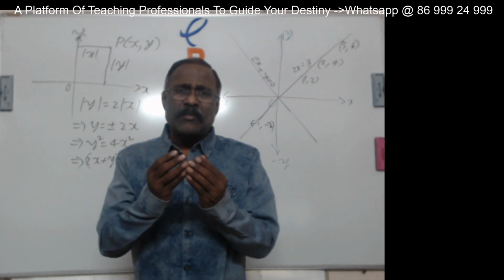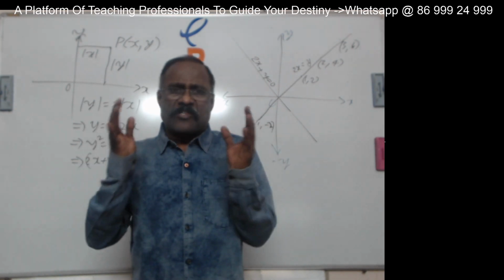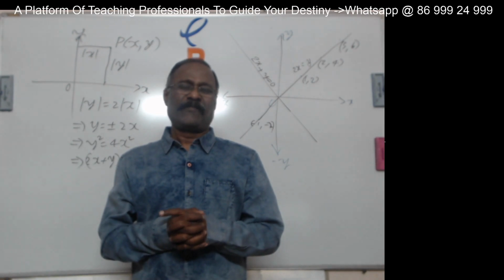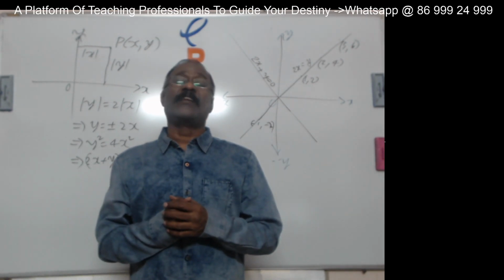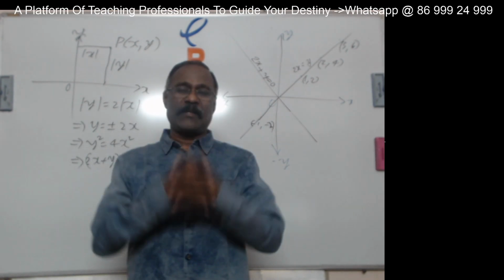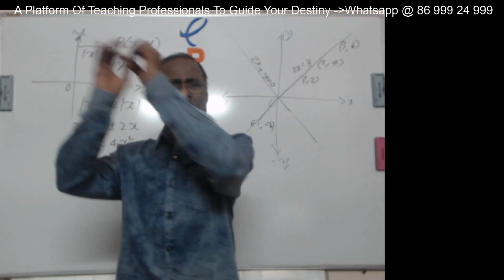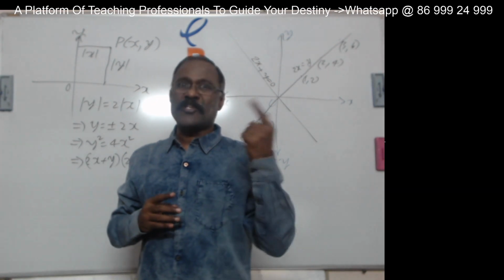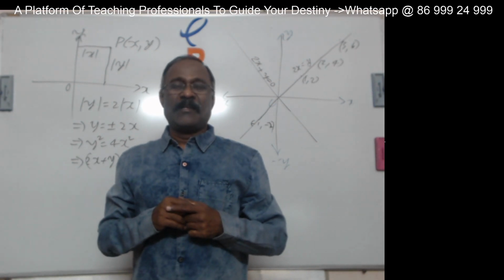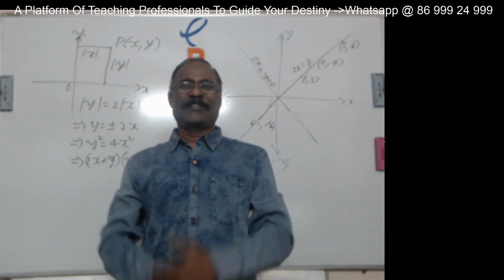So by taking that equation directly, studying the properties of the geometrical figure is very difficult. That is the reason why the mathematicians planned to shift the origin to some other point in such a way that the x and y terms are removed.